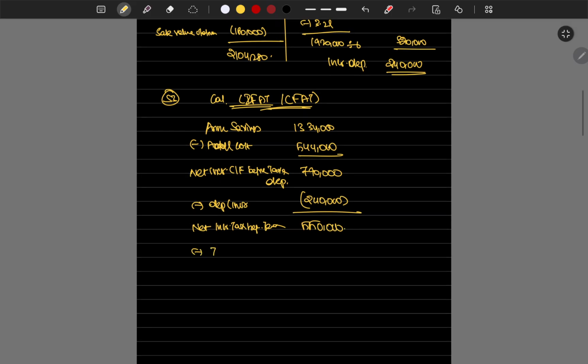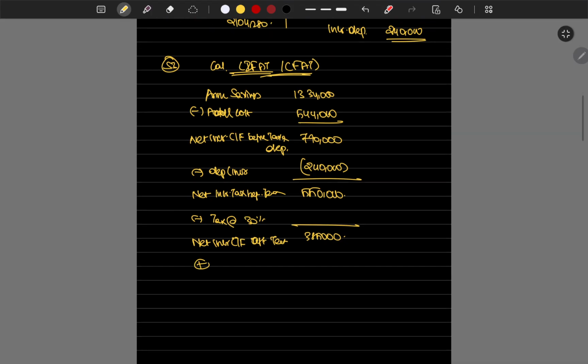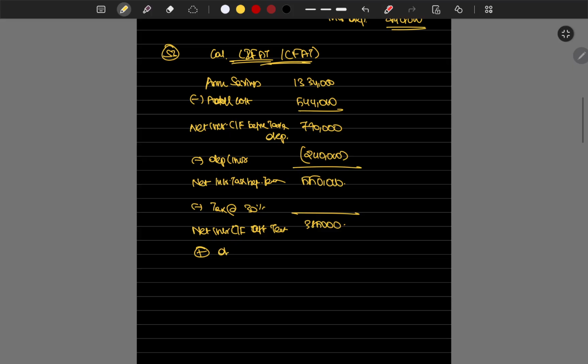Then comes the tax part, tax at 30%, so 3,85,000 is the net incremental cash inflow after tax. Add back the actual depreciation, because this is a non-cash item, because we are calculating the cash flow.